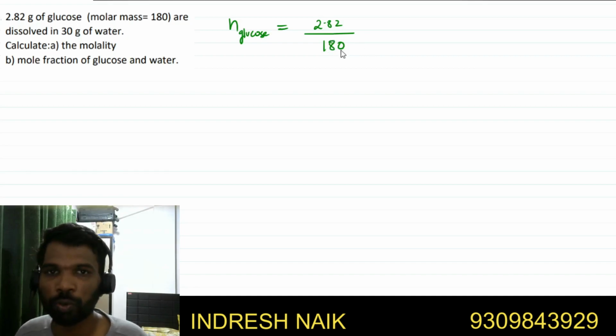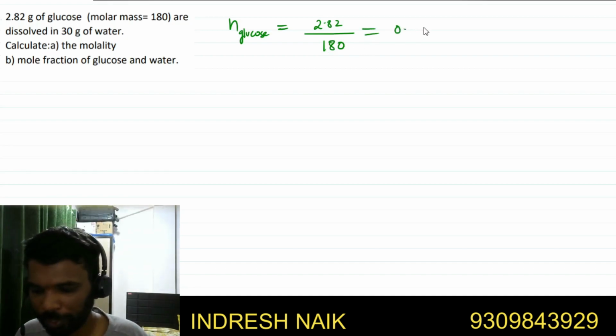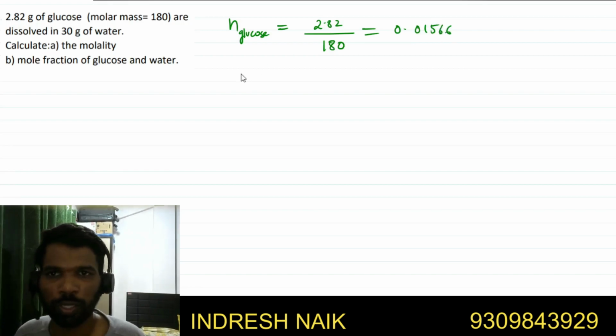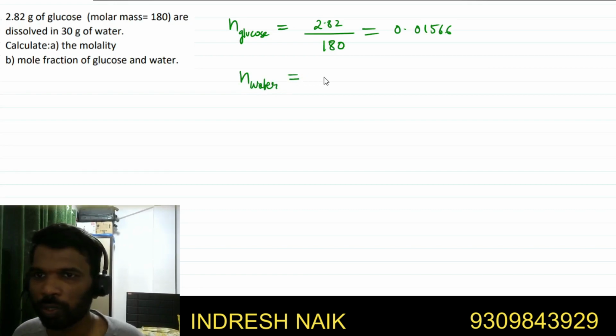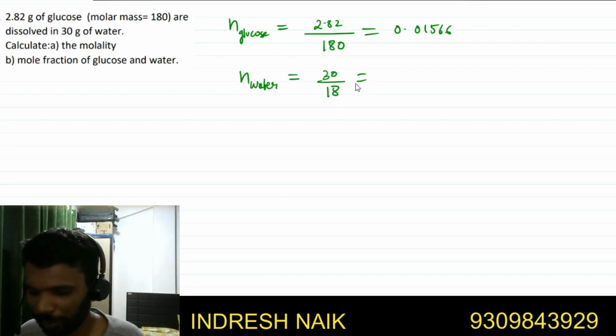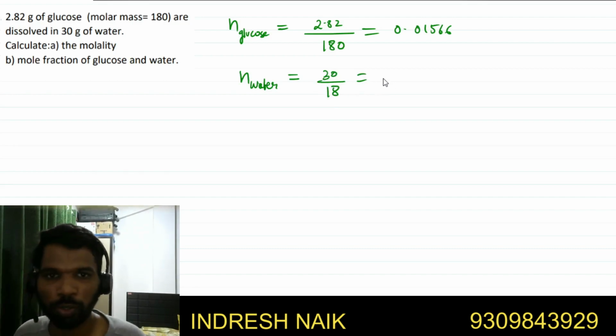It was coming to 0.01566. This was the thing. Number of moles of water, how much was it? It is 30 gram, 30 divided by 18. That comes to 1.66, right?